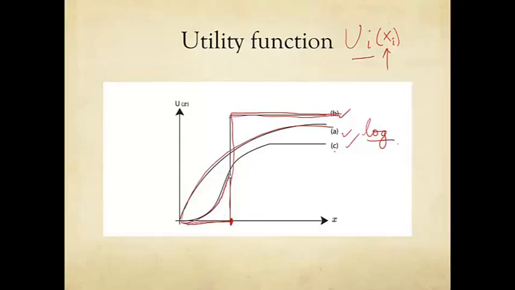It has a convex part, and then it becomes concave to the point of bending completely flat, meaning that if you give me more x, it doesn't increase my utility anymore. So it goes through a convex part, then a concave part, part of which is completely flat.